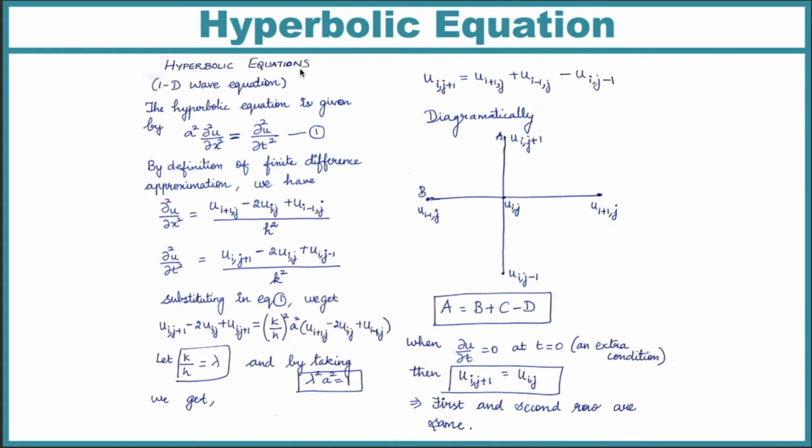A hyperbolic equation, the one-dimensional wave equation, is given by a square ∂²u/∂x² equal to ∂²u/∂t².